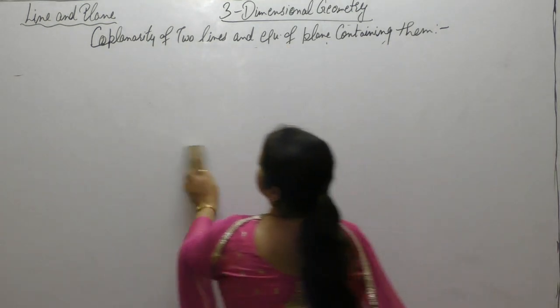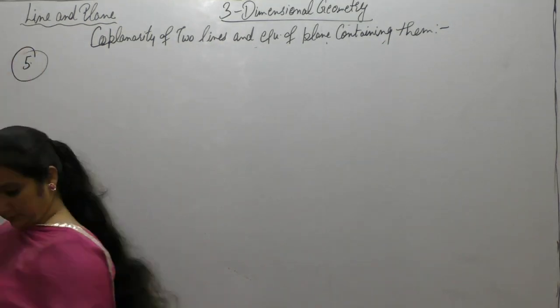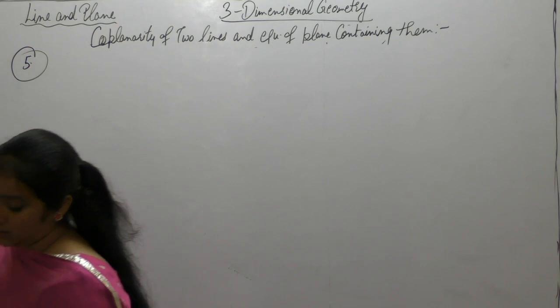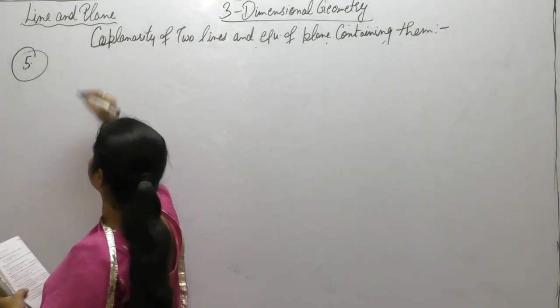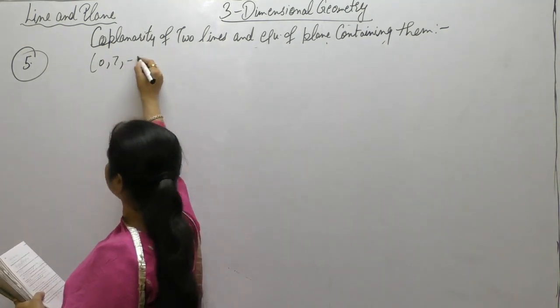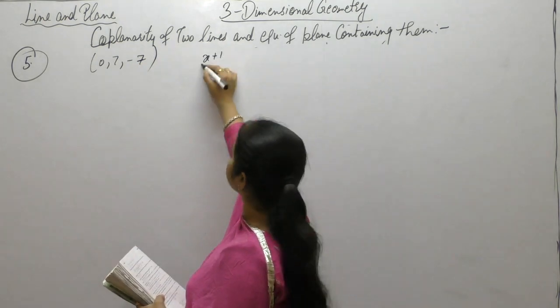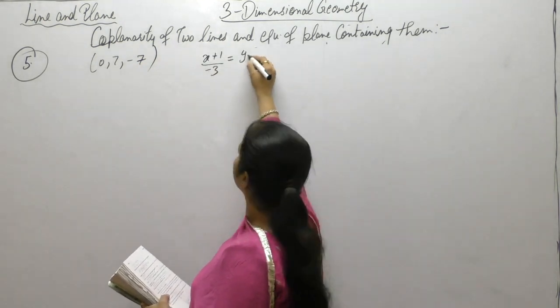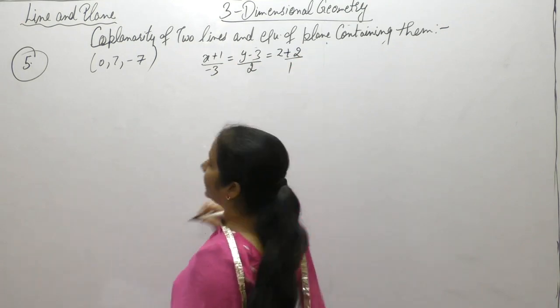Now next one: find the equation of the plane passing through the point 0, 7, minus 7 and containing the line (x plus 1) upon minus 3, (y minus 3) by 2, (z plus 2) by 1.